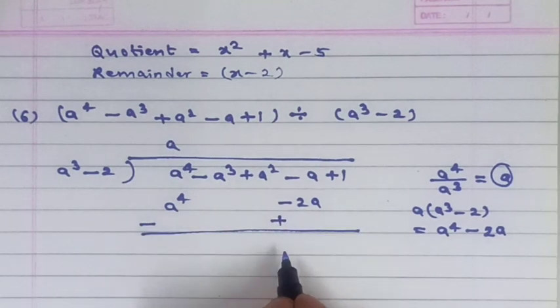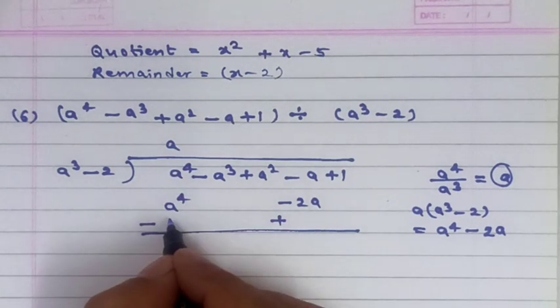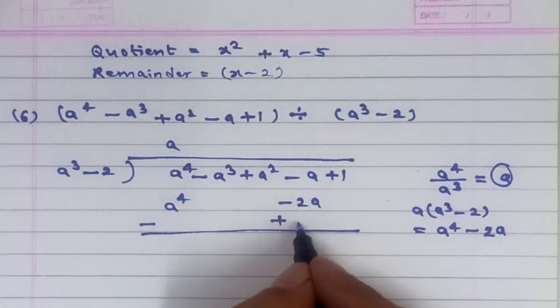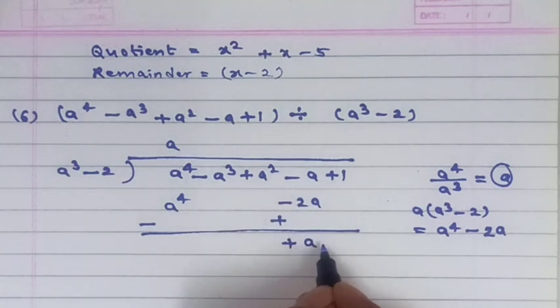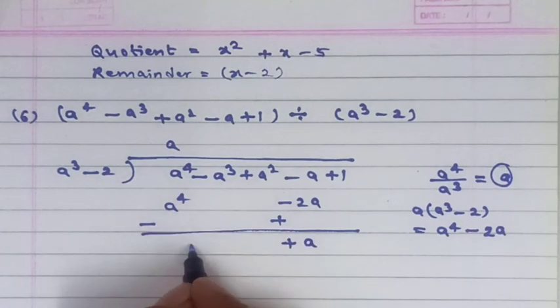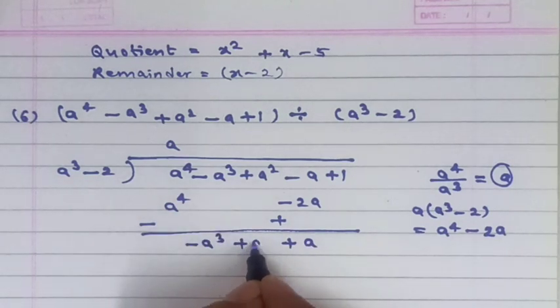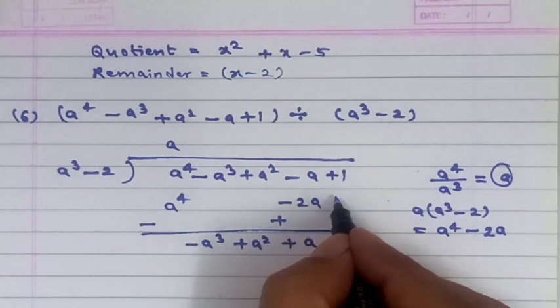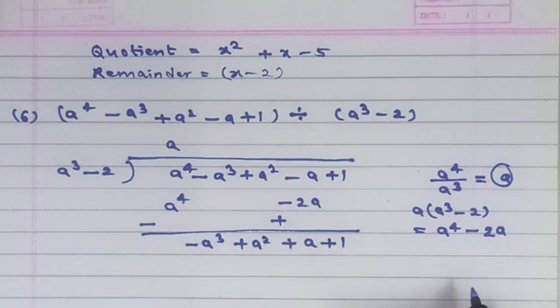While subtracting, change the sign. A raised 4 gets cancelled. Minus a plus 2a gives you plus a, and here minus a cube plus a square, copy down as it is because there is no need of subtracting anything from here, and plus 1, so plus 1.